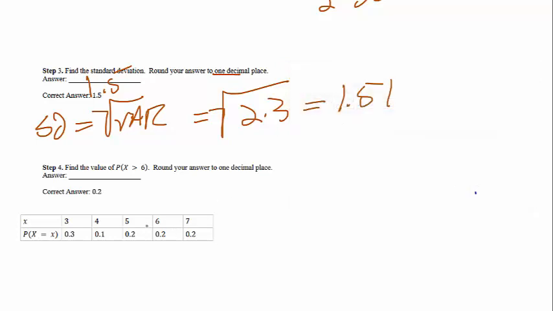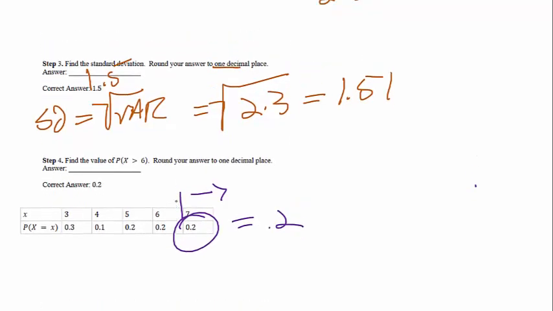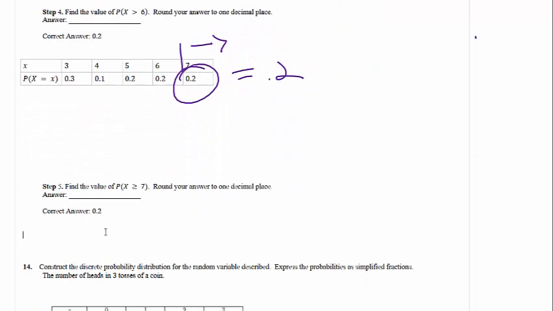What is the probability that x is greater than 6? I'm going to draw a line here. Do I include the 6? I do not include the 6, so it's whatever's on this side. The answer is 0.2 because it's just this one alone. That's it. Easy cheesy.